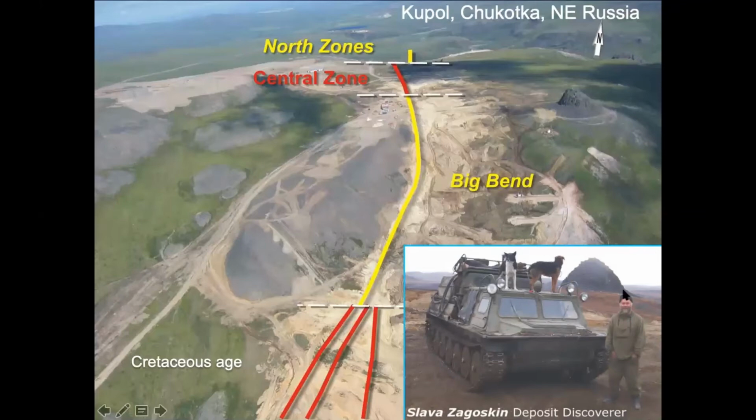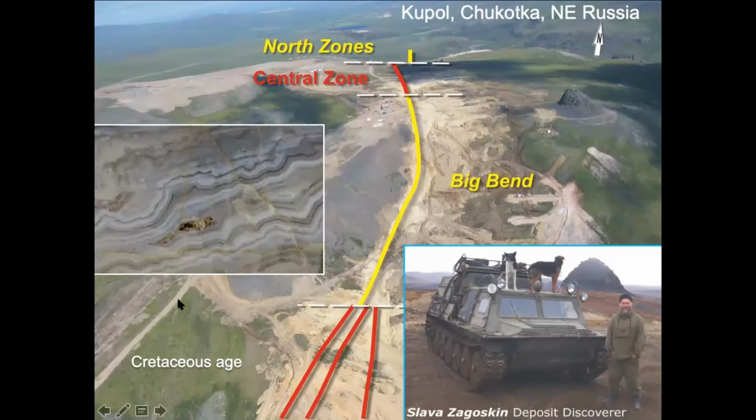And this shows the residual andesite, which was called dome, meaning Kupol in Russian. And there's a big vein that outcrops at the surface with beautiful colloform textures, typical low sulfidation epithermal vein.